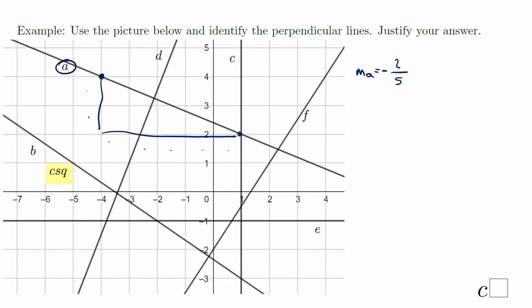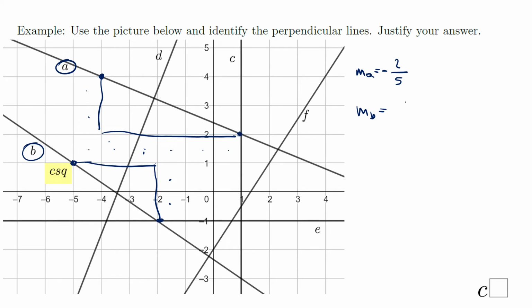Let's take a look at line B, which is this one. Line B, I will say this is 1 point, and then I can get another one here, and it looks like the rise is 2, 1, 2, the run is 1, 2, 3.